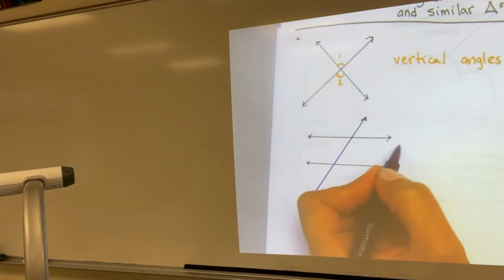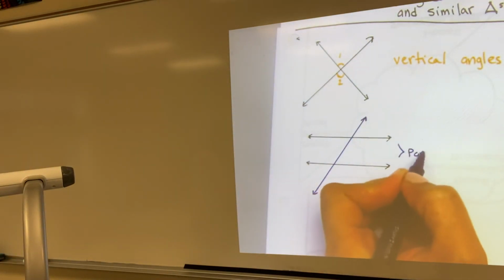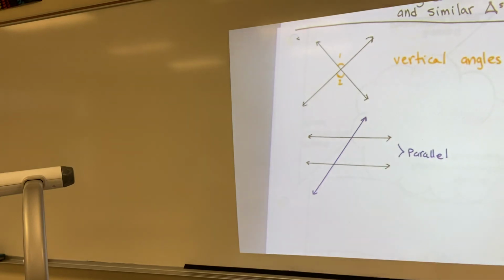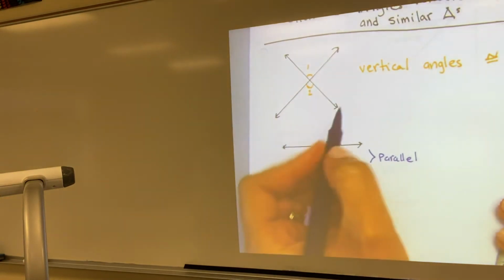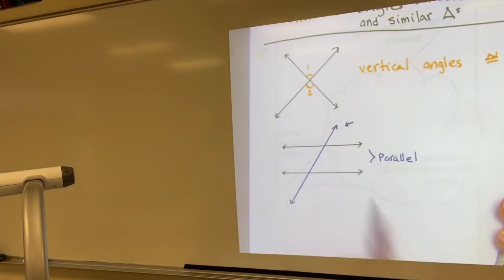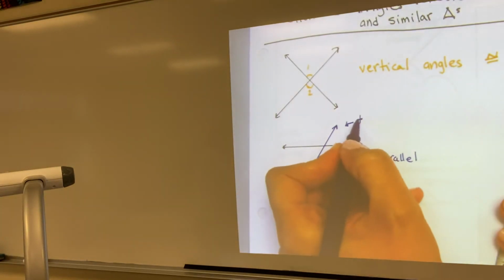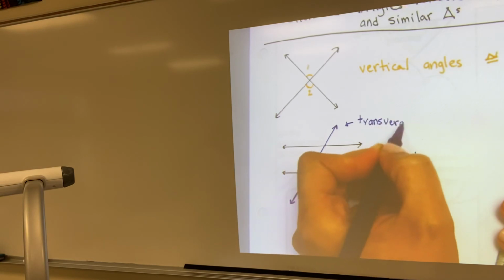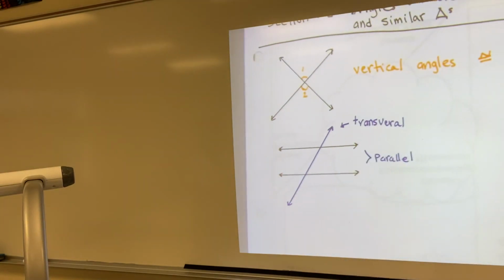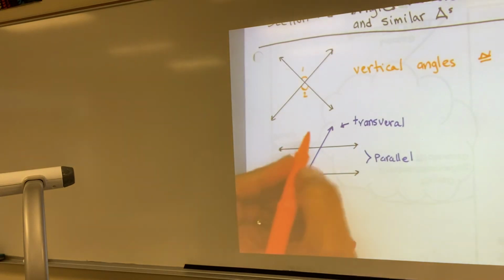So these two lines are parallel. And this line, the third line, is called transversal. Okay, now as we see, we have 8 angles that formed.